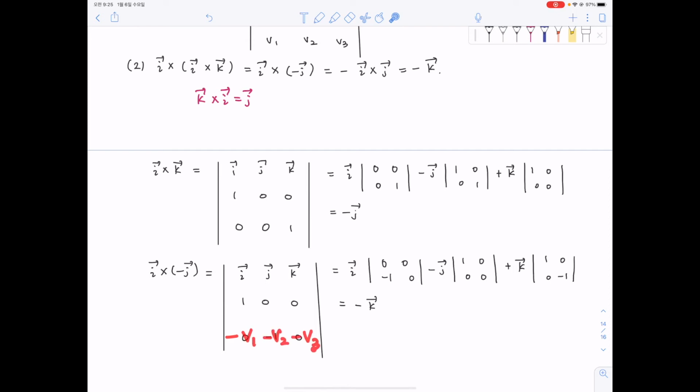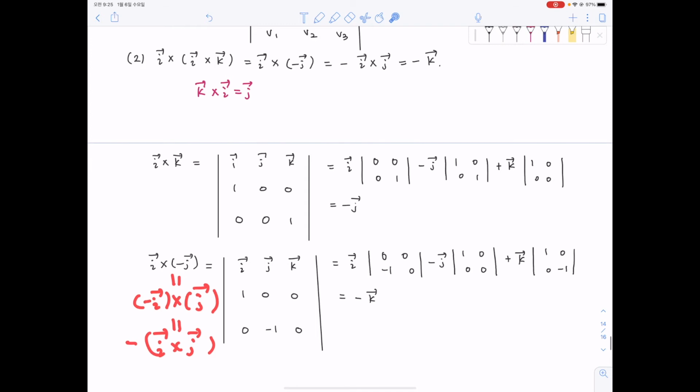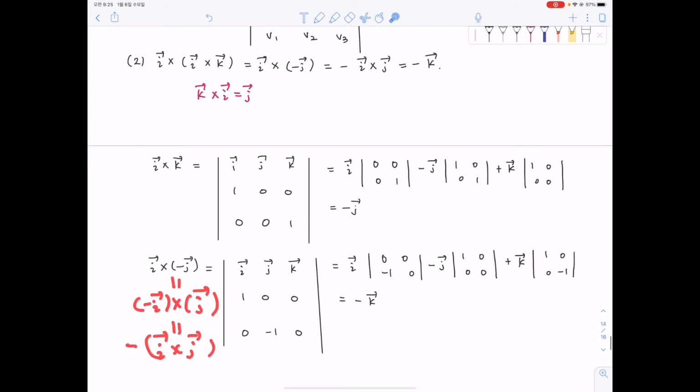But we have the same determinant if it has the minus here with plus like this, right? So this minus 1 can be calculated like this or like this, okay? So it is one of the properties of cross products.